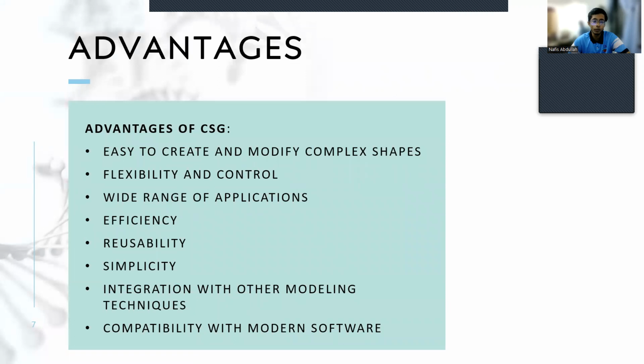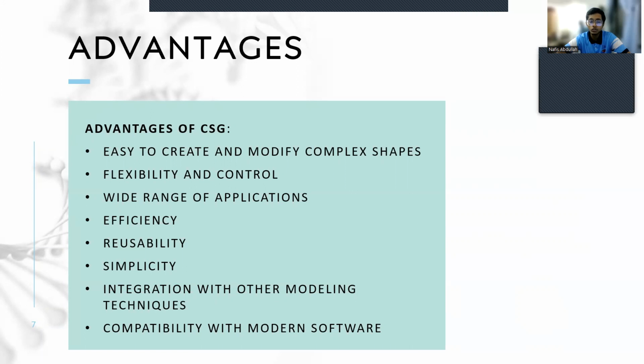Next, we have the advantages. So the advantages of constructive solid geometry: it is easy to create and modify complex shapes. CSG allows for the creation of complex shapes by combining simple building blocks, which can be easily modified or updated as needed. Next, we have flexibility and control.